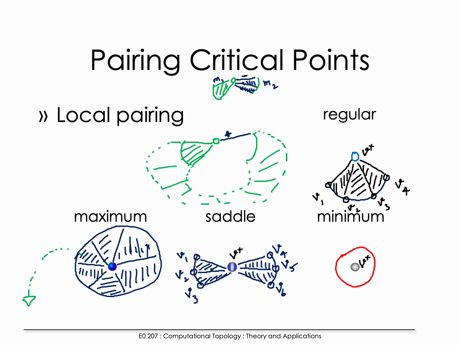But to summarize, what we have seen is that for all the simplices in the lower star filtration, all of them are paired locally, except for the critical points, where for a minimum the vertex is positive and it's paired outside. For the saddle, there is one edge which is again paired outside, and for the maximum there is a triangle that is paired outside.